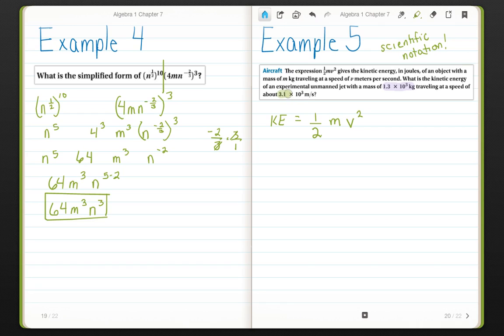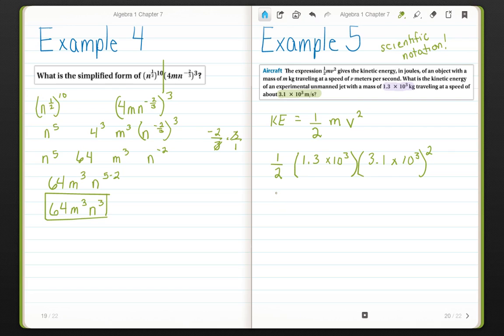My velocity, 3.1 times 10 to the 3rd meters per second. So let's start filling in numbers. I have 1/2 times my mass, 1.3 times 10 to the 3rd, times my velocity, 3.1 times 10 to the third, but my velocity is squared.